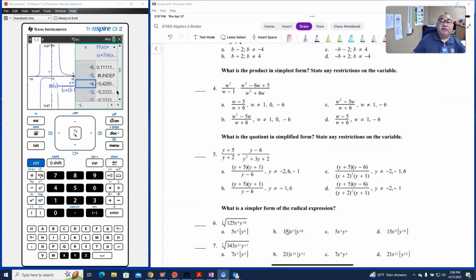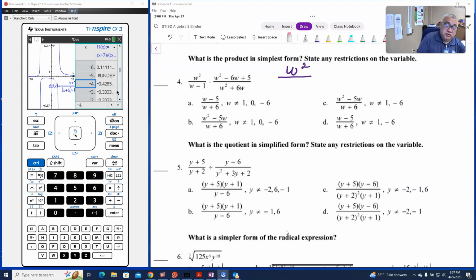Number 4, we have to write this product in simplest form. So we're going to factor again. So we have w squared over w minus 1 times, and we're going to factor the factors of 5 that give you a negative 6, which will be w minus 1 times w minus 5 divided by, now w is a common factor, so you have w plus 6.